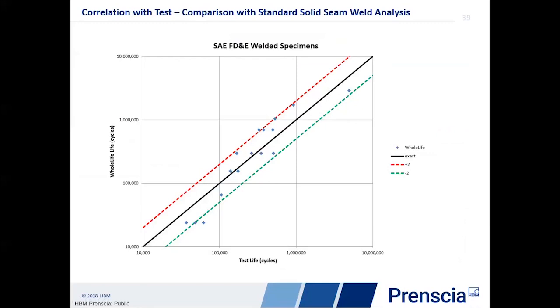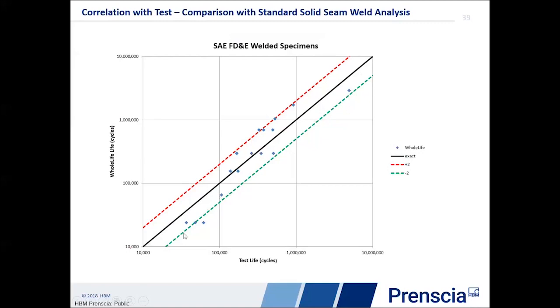Taking all the test data and the predicted data, we've plotted these on a curve where on the horizontal axis I have the test life that was actually measured by SAE. The vertical axis is the predicted life for each of those tests done by WholeLife. So theoretically, if I was on the diagonal, I have an exact answer.